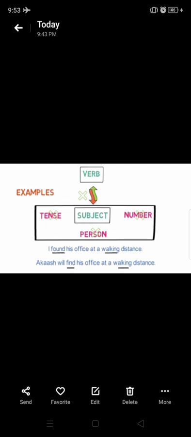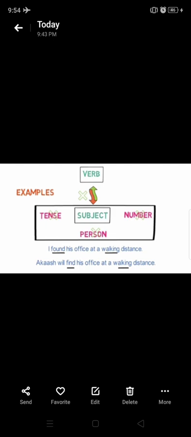So, given below in the example, we have, I found his office at a walking distance. Next example, Akash will find his office at a walking distance. Here we have two verbs, found and find. Now here the two verbs found and find are changing, yes or no?